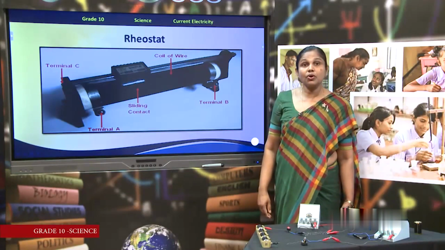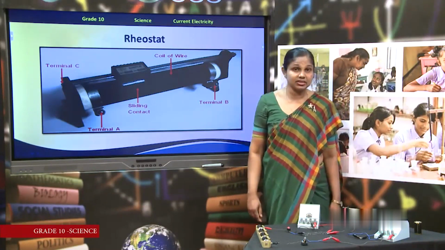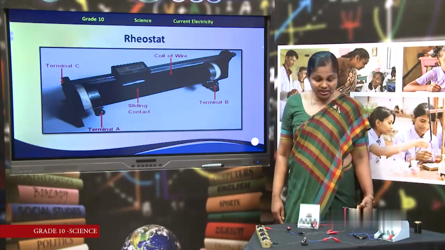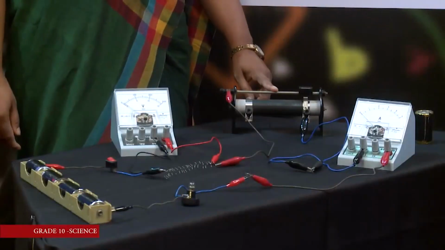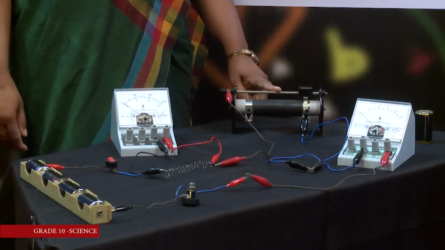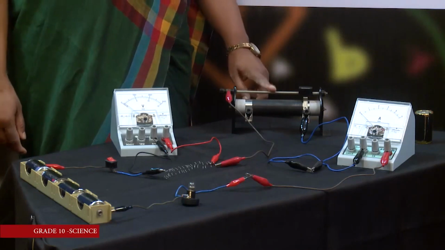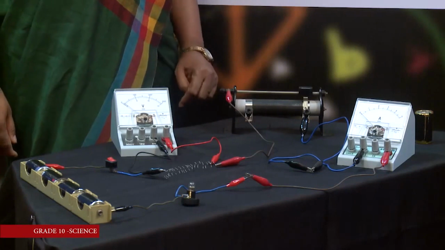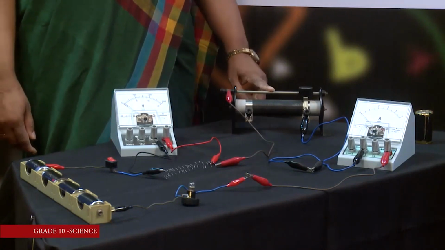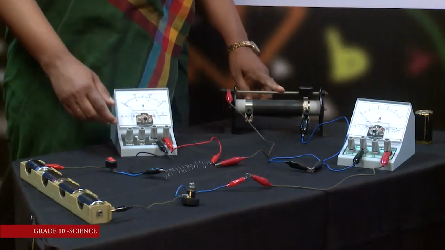We can increase or decrease the resistance. Therefore, this rheostat is a variable resistor. Why it is connected to this circuit is because we need to control current flow through this circuit in several instances.